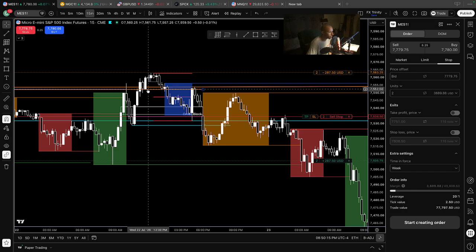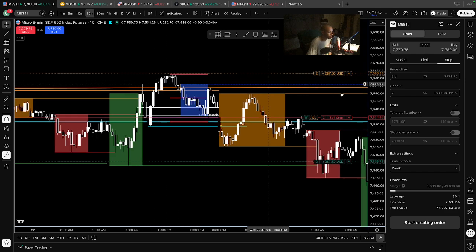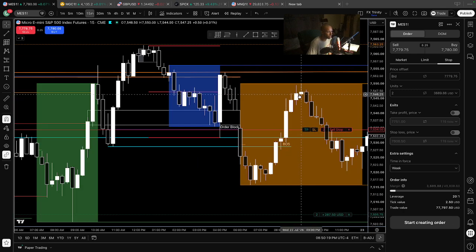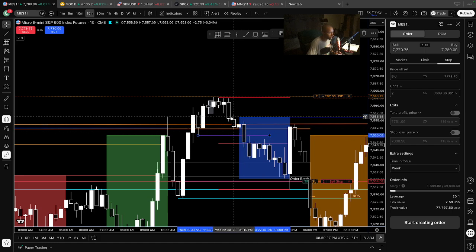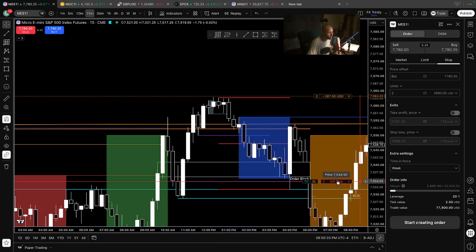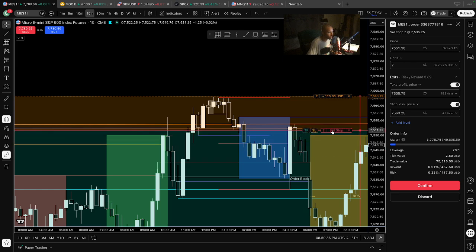We broke structure and we actually could have entered on this order block. So let's cut the cap real quick because we're capping so hard right now. We broke structure right here. We have a fair value gap right here and we have a fair value gap right here. And then we return to the order block. So whichever, I think this one's actually better structure.